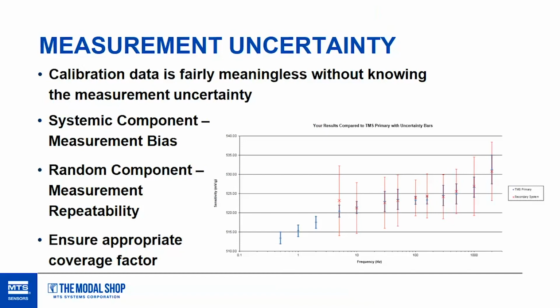So you can look at repeatability, and you can also look at potential offsets in your measurement to generate that uncertainty. And it's typically expressed in a coverage factor of k equals 2, or 2 standard deviations, giving you about a 95% confidence interval for that data set.